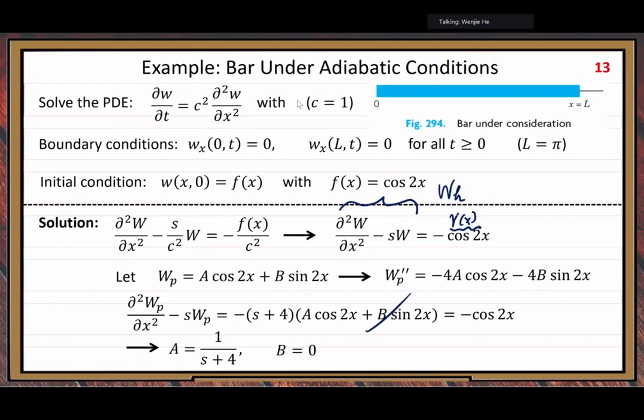So W_P is found. Now let's write W_H, using the characteristic equation with lambda 1 and lambda 2.